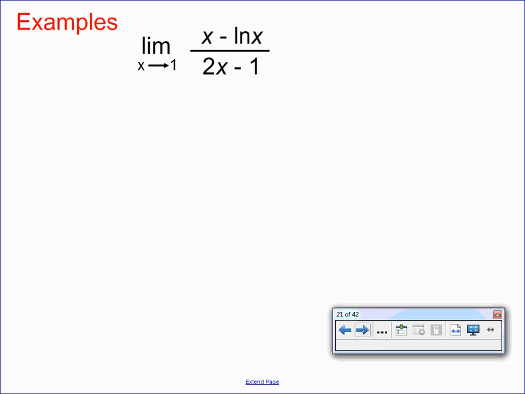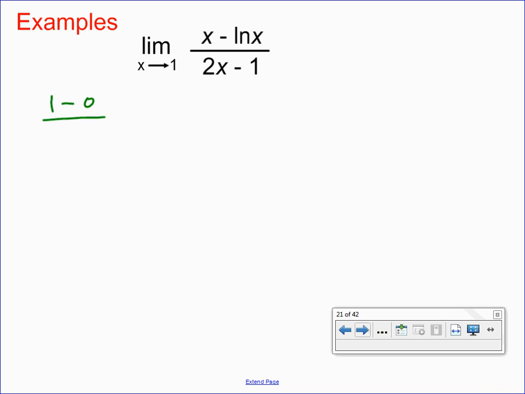Let's consider the next. So as x goes to 1, then 1 minus ln of x would be, is that 0? Right? 1 minus ln of 1 is 0? No, that's 1. And then 1 minus ln of 1, that's 1 minus 0, is 1, yes?